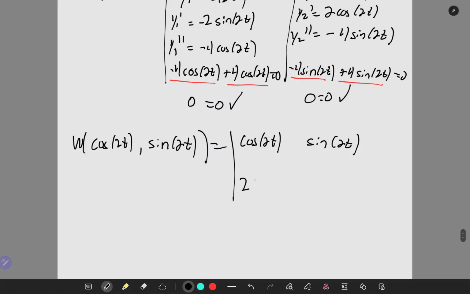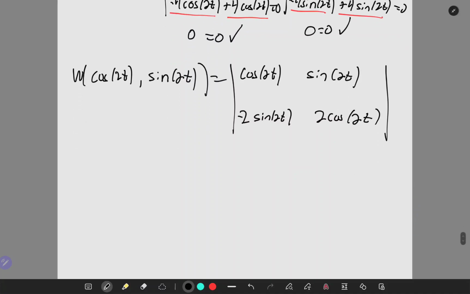The first derivative of that is negative 2 sine of 2t. And this one is 2 cosine of 2t. Take the determinant.